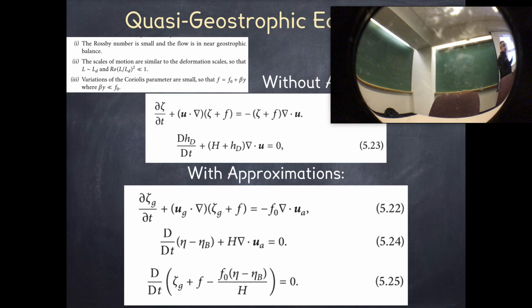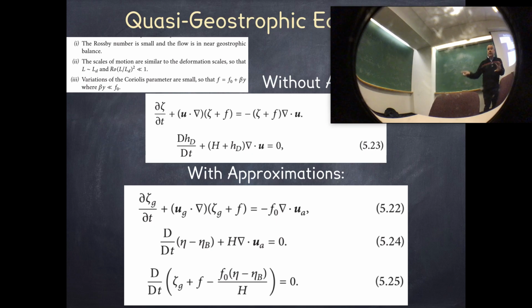This is just another way of writing the thickness. It's the surface height minus whatever the bottom's doing. We don't need the big H in here. Why not? Because it's constant. And there's a really subtle other approximation we're making, related to the shallow water equations part, which is that our density layers are actually pretty flat.